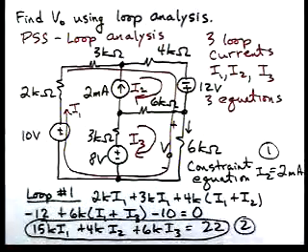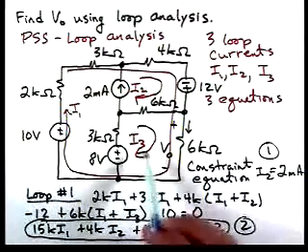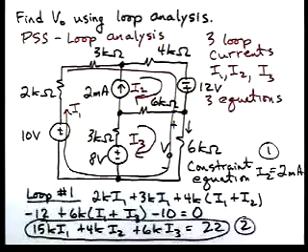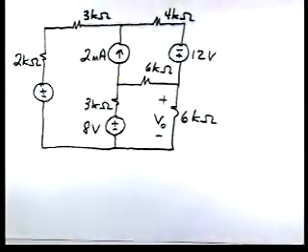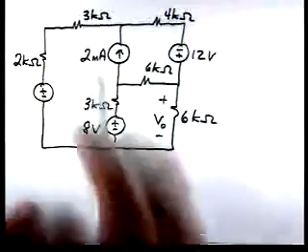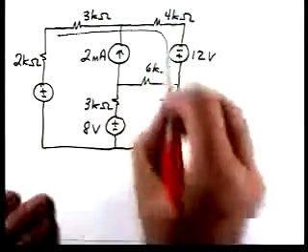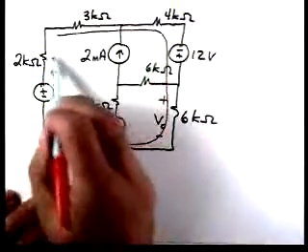Okay, there's our second equation. And then we've got one more equation, and that's from applying KVL around loop 3. So again, just to remind us about our current assignments.